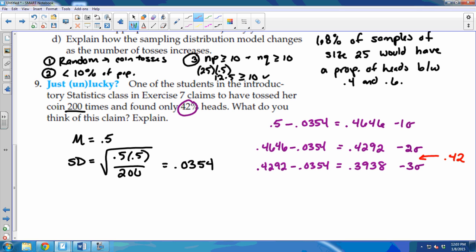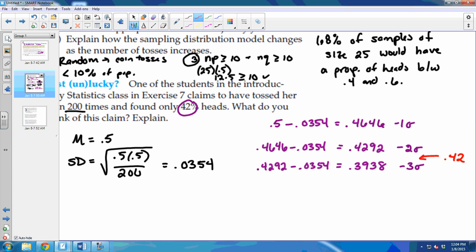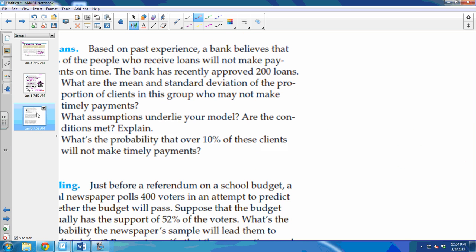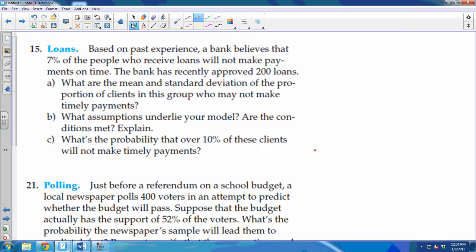It's kind of a gray area. That's why I said later in this unit we're going to talk about how we can figure out yes or no. Okay? Other questions about the coin toss questions? All right, let me do one more, and we'll kind of talk through some of the other ones. That'll be done.